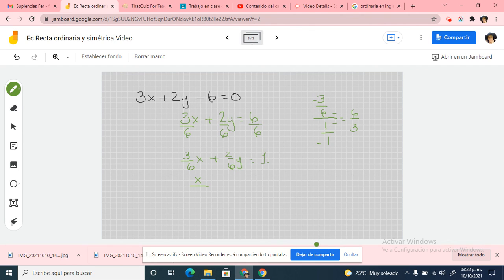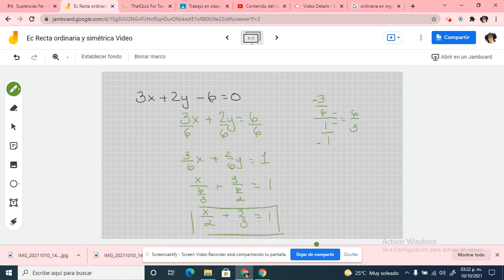So in this case, it's going to be x divided by 6 thirds plus y divided by 6 halves. I'm dividing by 1 to transform it into a fraction. In this case, 6 divided by 3 is 2, and 6 divided by 2 is 3. And I have now my equation as I want it.